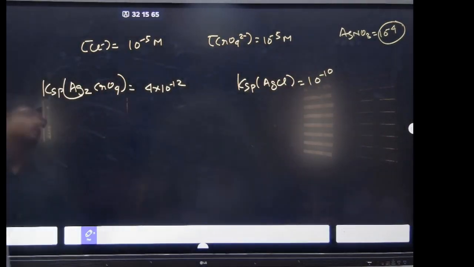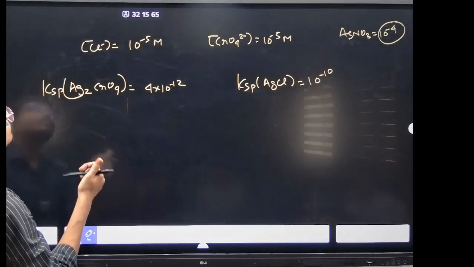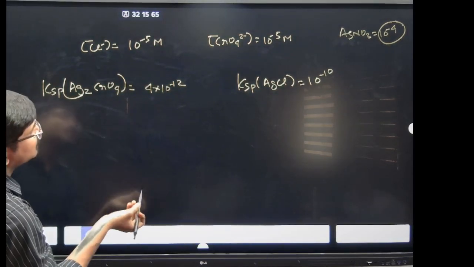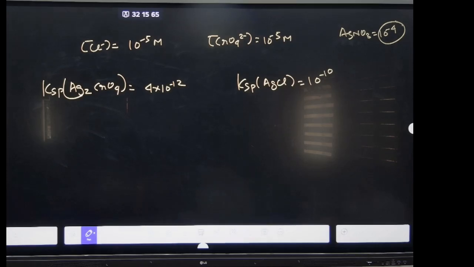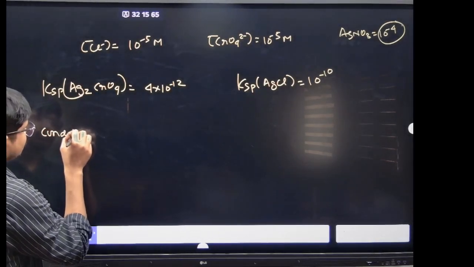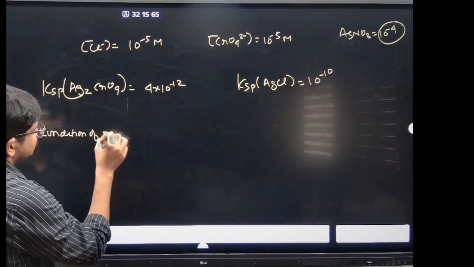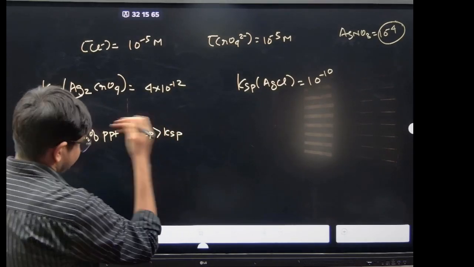See here. What is the condition of precipitation? Q must be greater than KSP. The condition of precipitation is that KIP must be greater than the KSP. Clear?